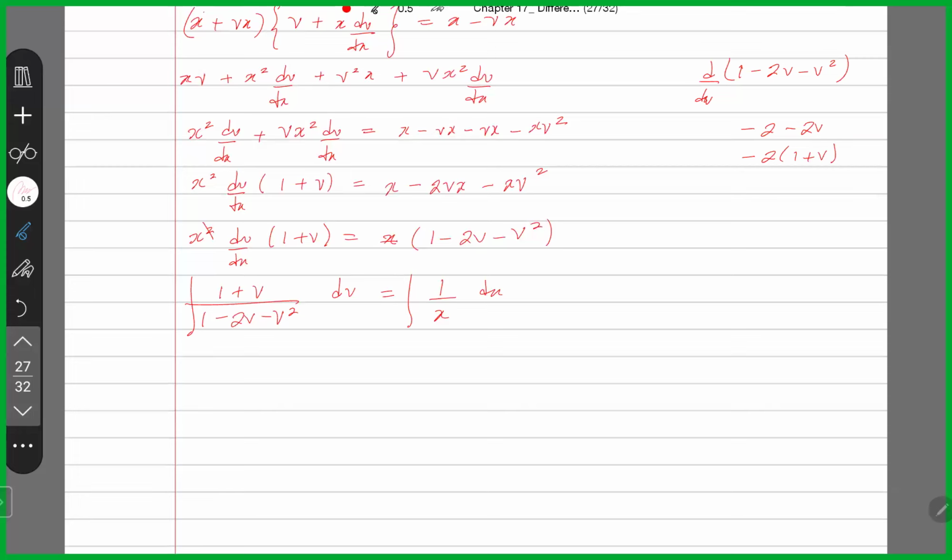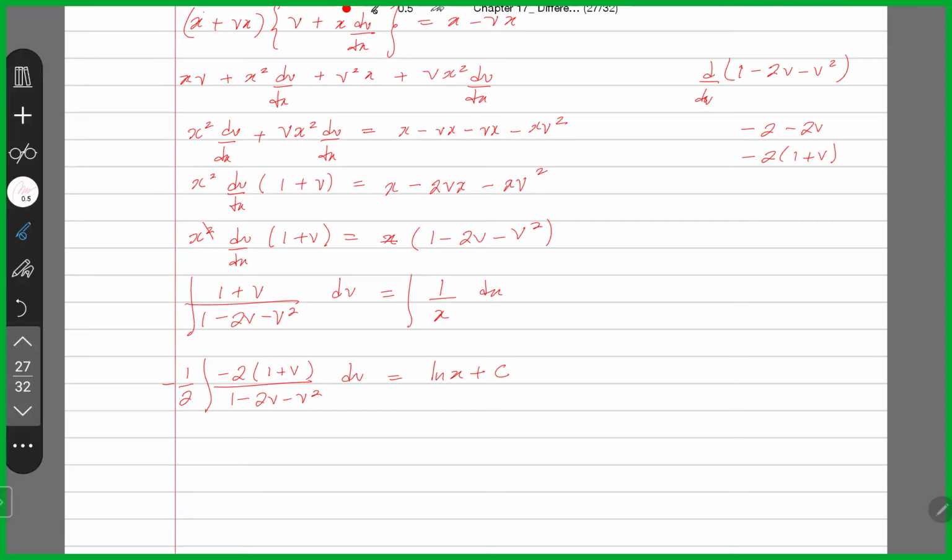So if we multiply the numerator and the denominator by minus 2, we're going to get minus 1 over 2 times minus 2 into (1 plus v), all over 1 minus 2v minus v squared dv is equal to ln x plus c.